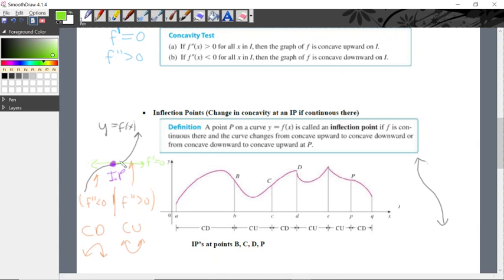Another thing to look out for is where the second derivative does not exist. Anywhere the second derivative does not exist, we want to check whether the function exists there. As long as we still have a continuous function, even if the second derivative doesn't exist, there's still the possibility of an inflection point, which is where there's a change in concavity.